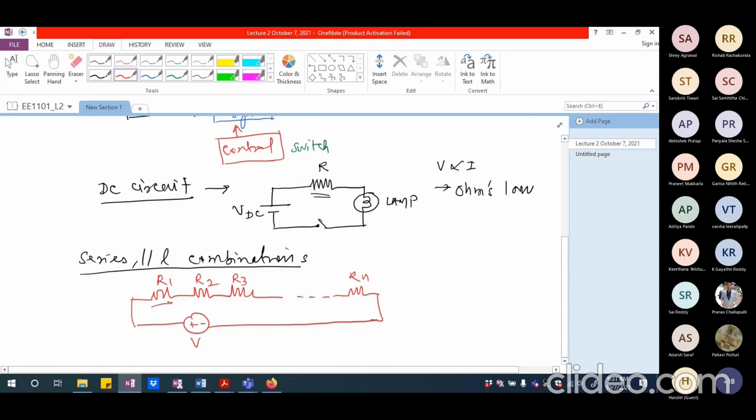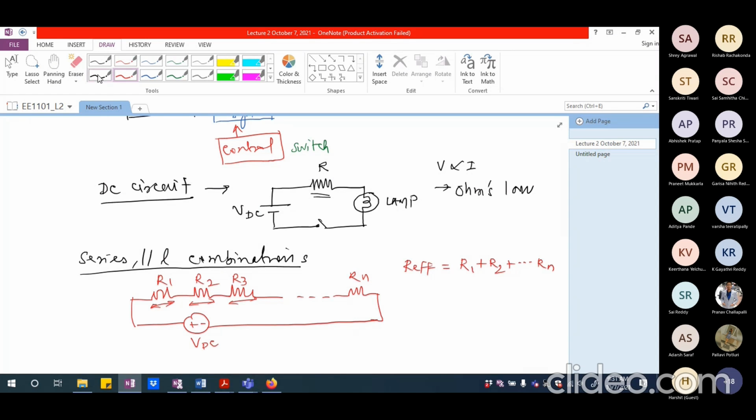So when I add the voltage drop across R1, R2 and R3 and so on, it is going to make up the total voltage that I'm applying. So the effective resistance that we see in a series combination is R1 plus R2 until Rn. I'm sure all of you know about this.